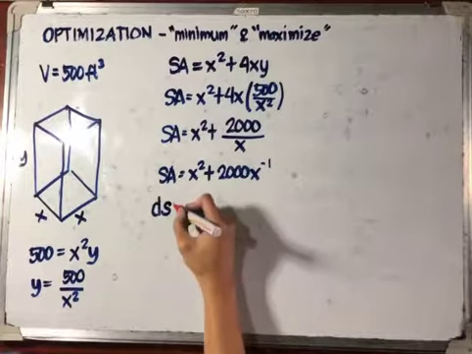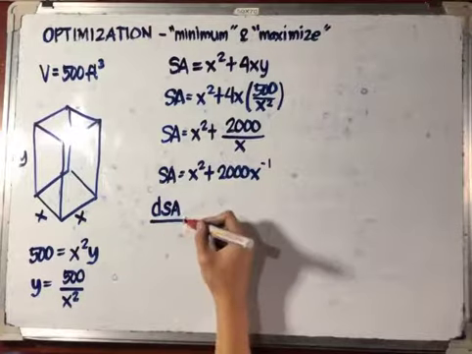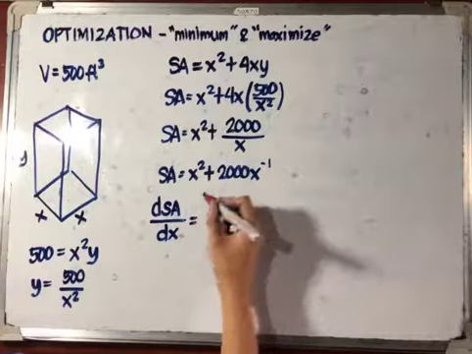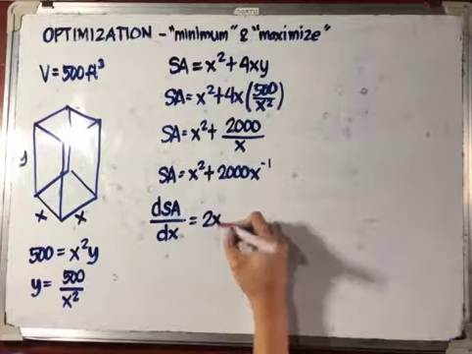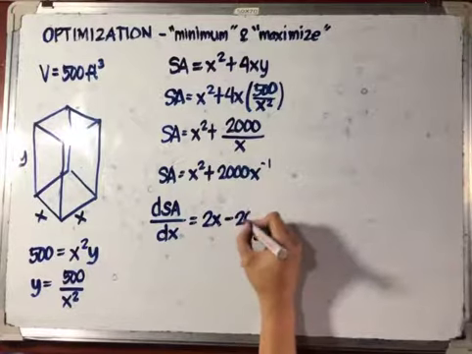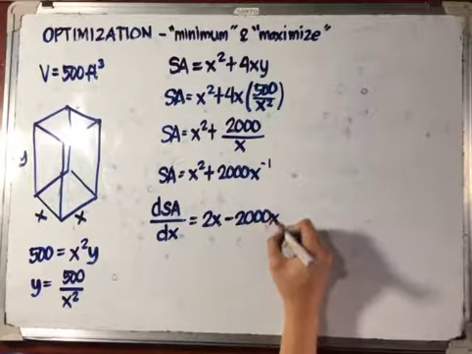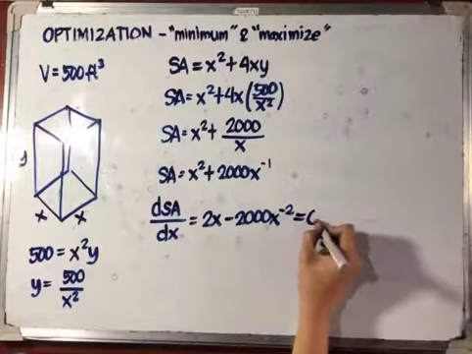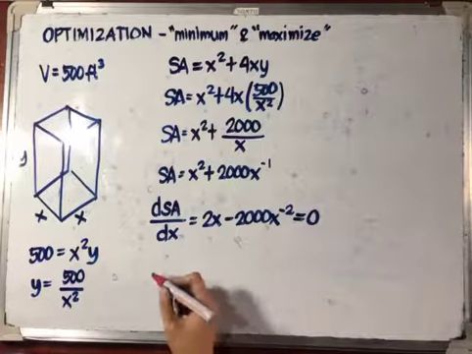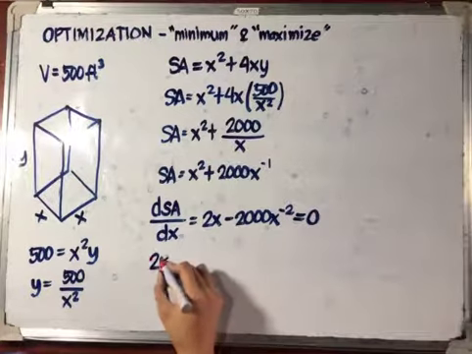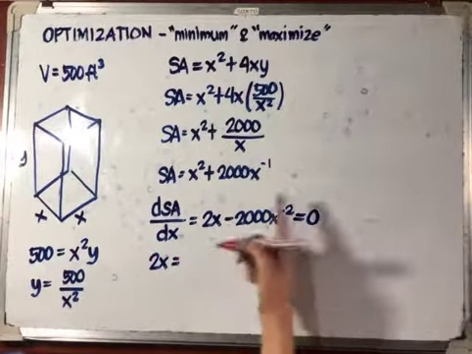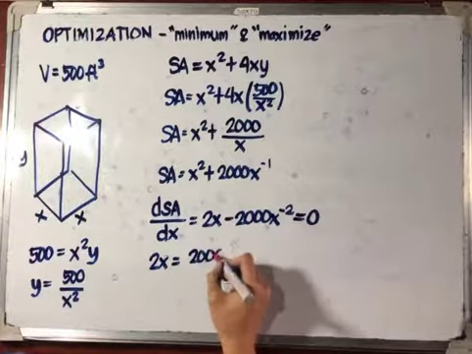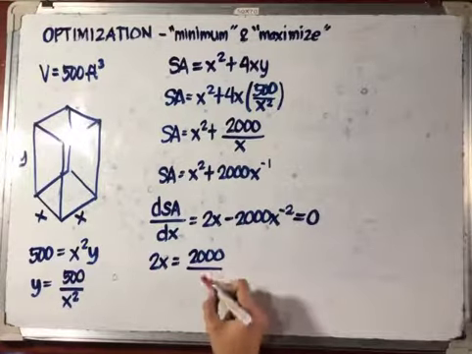So we need to get the derivative of the surface area with respect to x. So this would be 2x minus 2,000 x raised to negative 2. And that should be equal to 0. So 2x is equal to, moving this onto the other side of our equation, positive 2,000, and we have x squared on the denominator side.